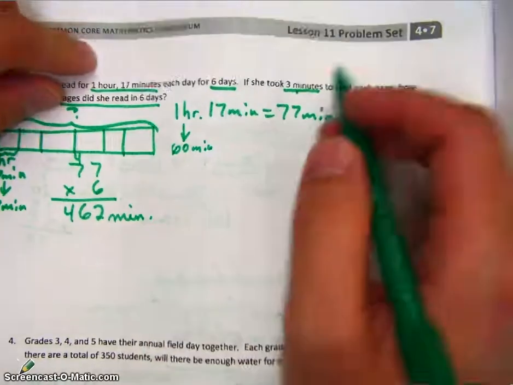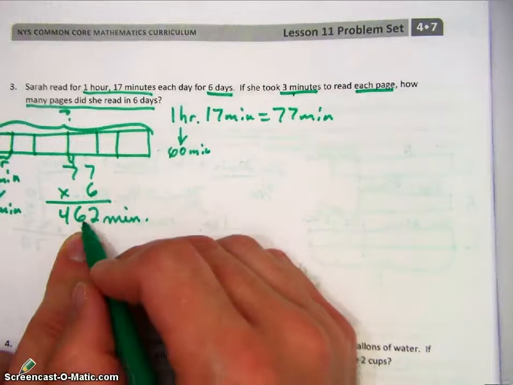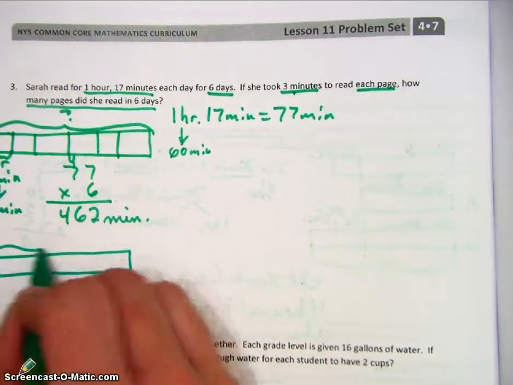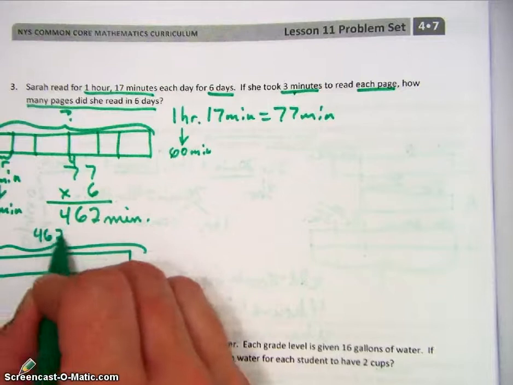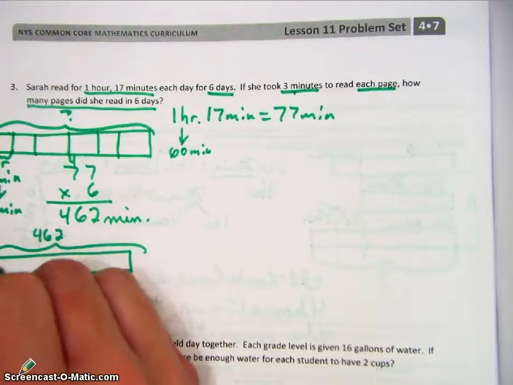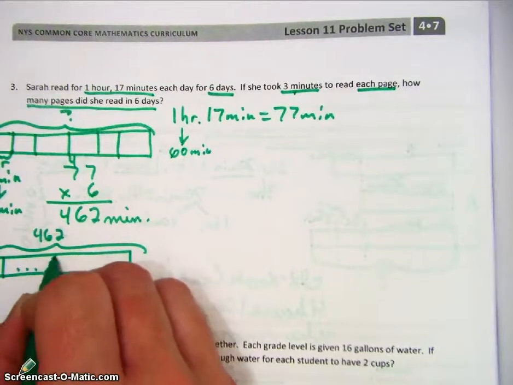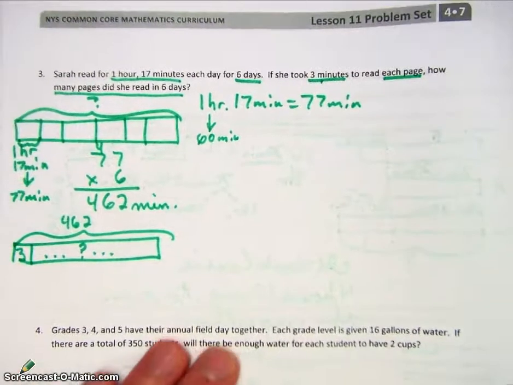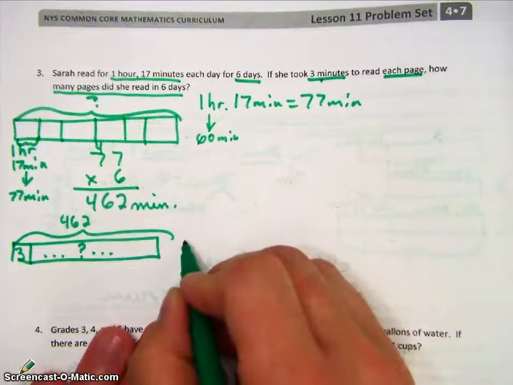Okay, so now we need to know the total number of pages. So this is the total number of minutes. So if you think about another tape diagram, we have 462 minutes. She's doing 3 minutes per page. We're trying to find out how many pages did she read. Okay, so now we need to do some division.